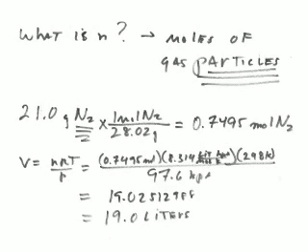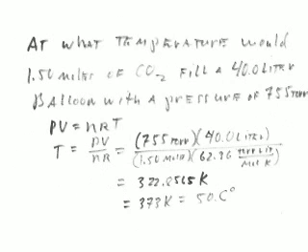So the 21 grams of nitrogen is divided by 28.02, the molecular weight of nitrogen, to give us 0.7495 moles of nitrogen times our 8.314 R times 298 Kelvin divided by 97.6 kilopascals. We get 19.02512986. Moles cancel moles, kilopascals cancel kilopascals, K cancels K, and we're left in liters, and so the answer is 19.0 liters.